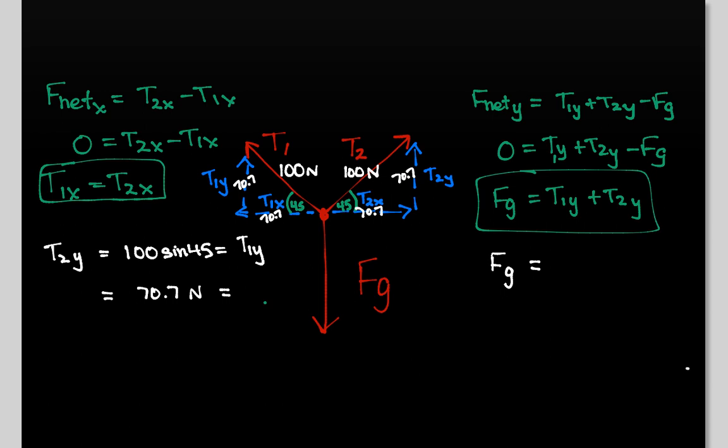So what is Fg then? Twice 70.7. Do you agree with that statement? Do you agree that Fg is twice 70.7? Yeah, because it's both of them. You have to add them up. So 141.4. Sig digs is 3? 3 sig digs?